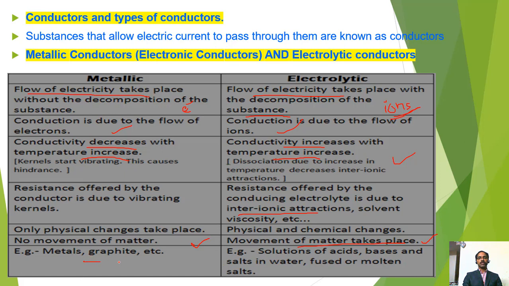Metals and graphite are the examples here. Here acids, bases, all solutions which produce ions in that solution. Ions are important. Of course, the bigger ion moves slowly, so conductivity is less compared to a smaller ion.